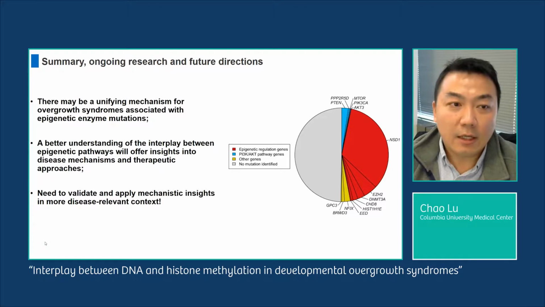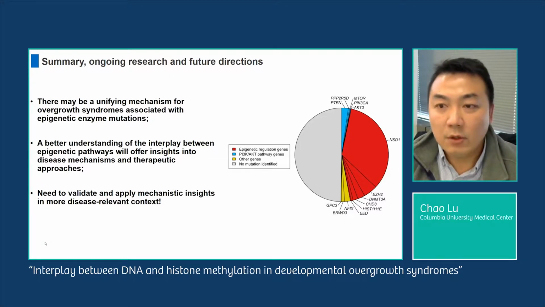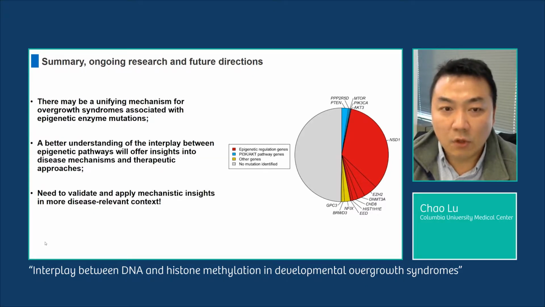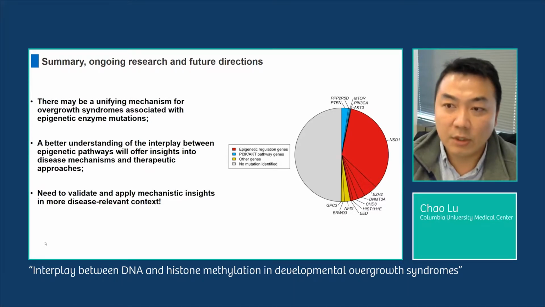So we think that a better understanding of the interplay between those epigenetic pathways will offer insight not only into disease mechanism, but potentially also give rise to novel therapeutic targets for those overgrowth syndromes, as well as in cancer where those genes are somatically mutated.